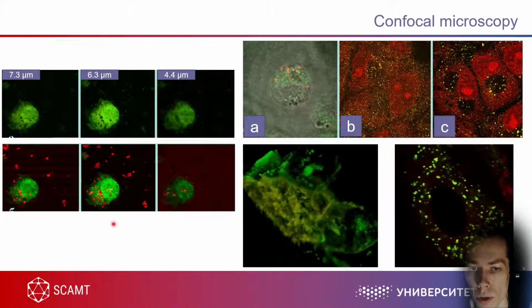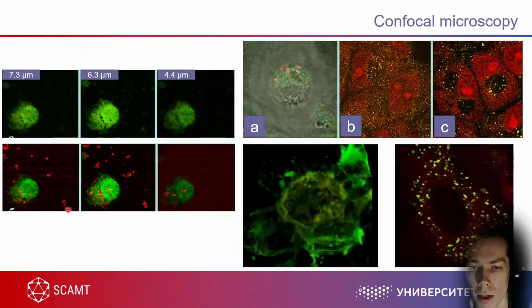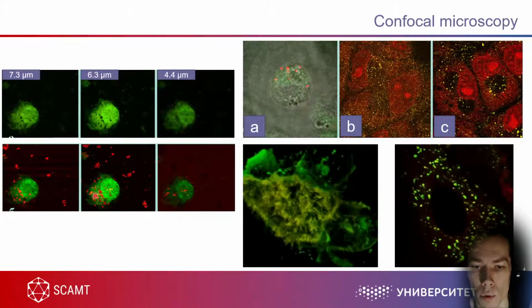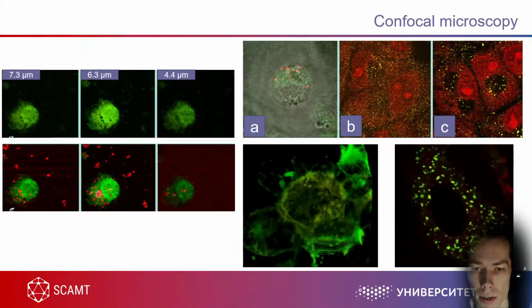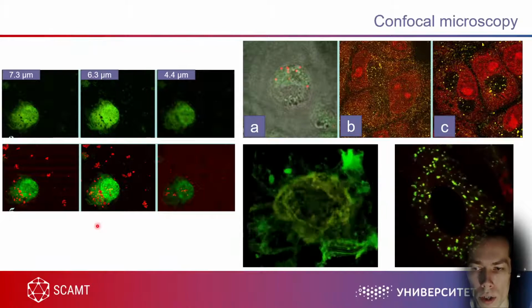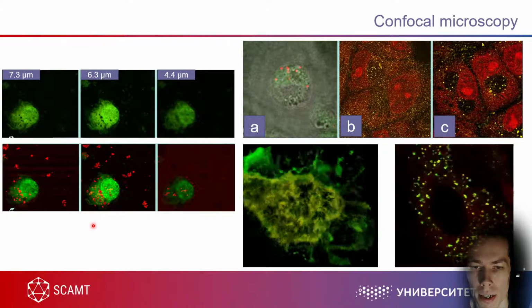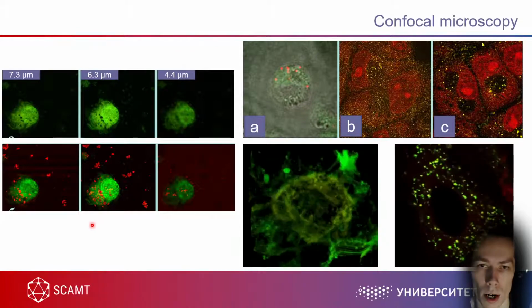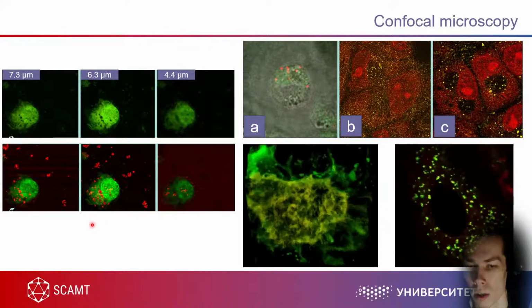And more importantly, you can slice your cell in the middle, and if you observe some nanoparticles in this middle section, you can be 100% sure that these nanoparticles are inside your cell, not outside, underneath the cell, and so on.